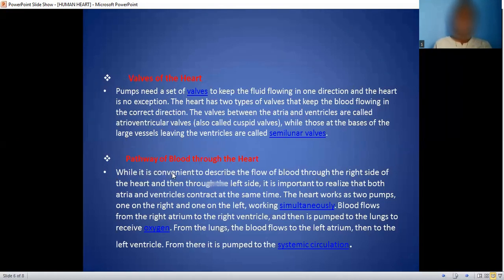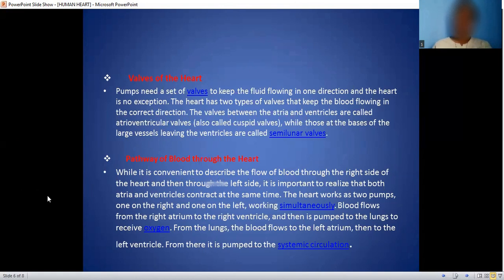Pathway of blood through the heart. While it is convenient to describe the flow of blood through the right side of the heart and then through the left side, it is important to realize that both atria and ventricles contract at the same time.